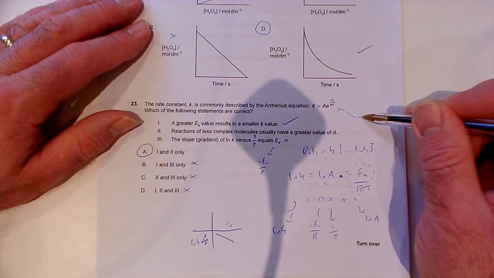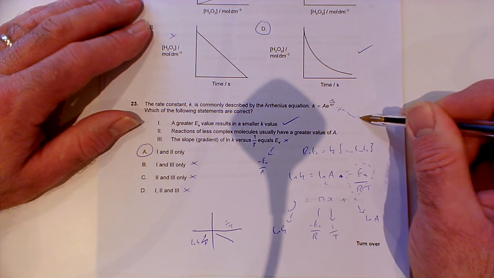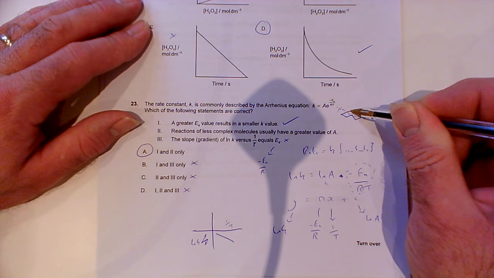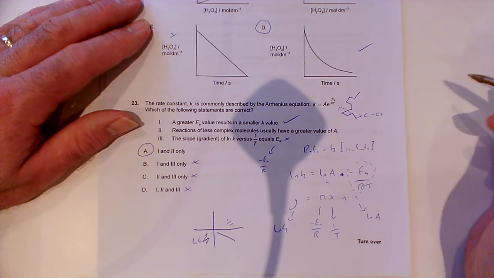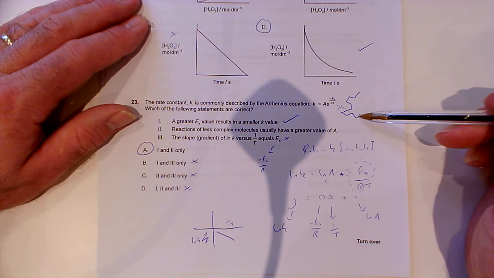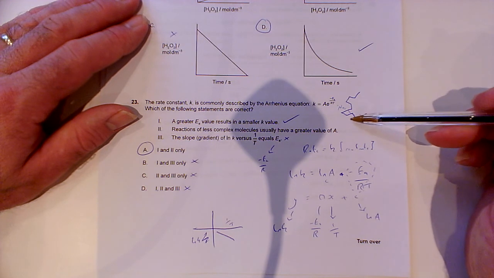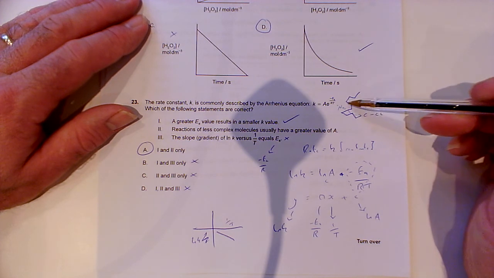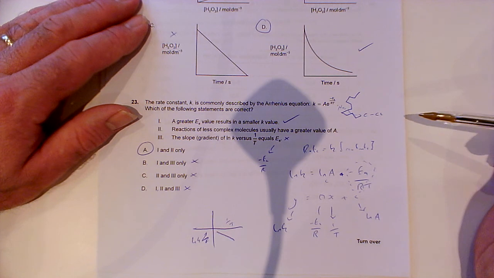But if the molecule has a long carbon chain hanging off the back of it, that could constantly get in the way, in all different orientations, blocking the nucleophile from coming in and attacking.